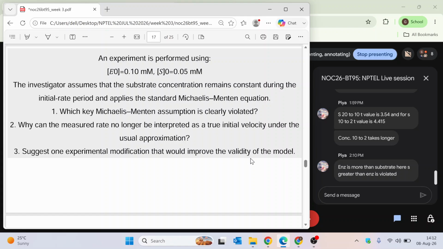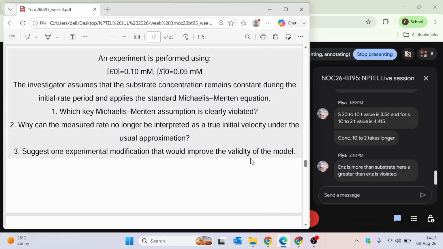Only when the substrate is in excess can we say that the substrate is nearly constant, because even though all the enzyme is bound with substrate, you still have a large amount of free excess substrate left in the system. That is one of the most important assumptions of the Michaelis-Menten equation.